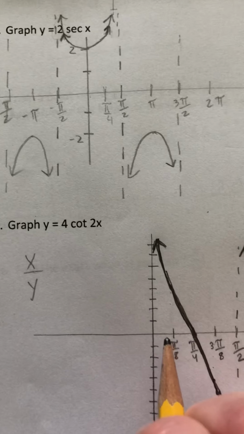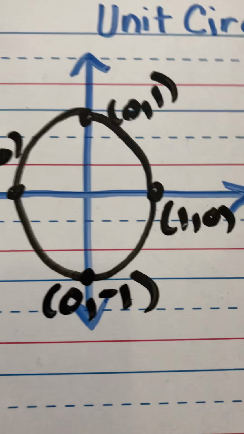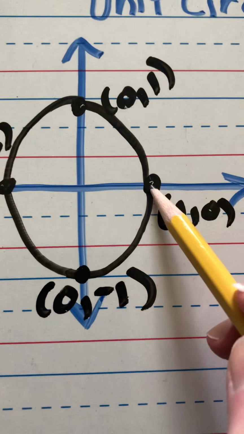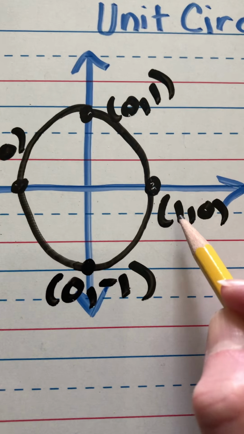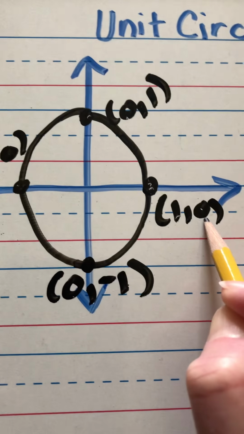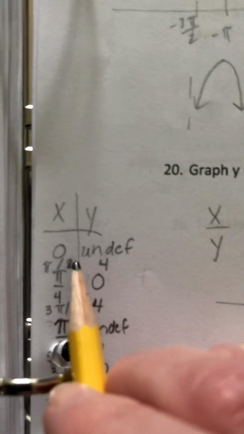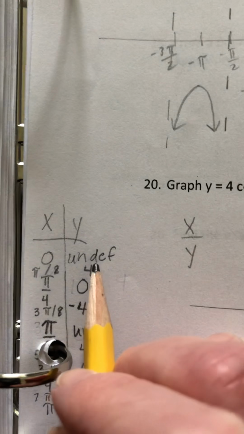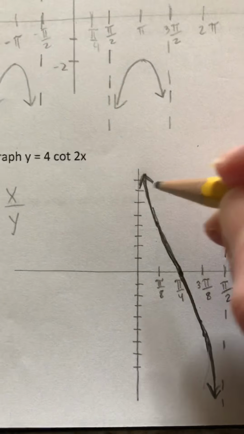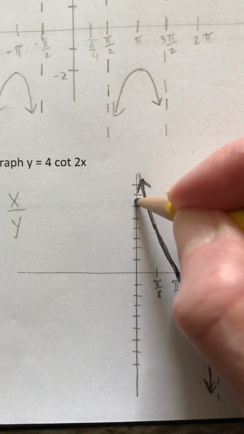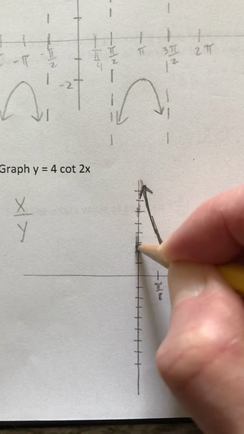So for example, if you are using the unit circle and you are at a 0-degree turn or a 0 radian turn, 1 divided by 0 would be undefined. So at 0, it would be undefined, and so that's an asymptote. So this y-axis is going to be an asymptote.